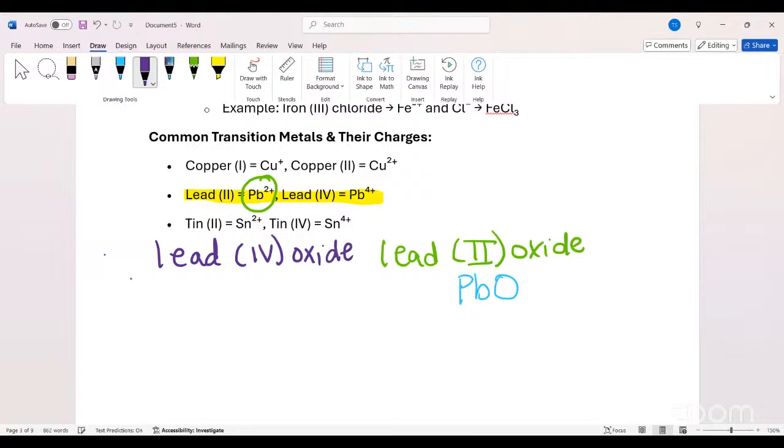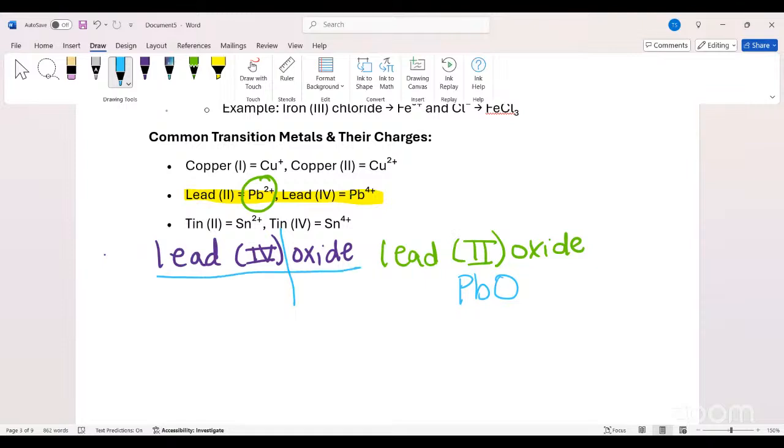There is a difference. Lead Roman numeral 4 oxide. Okay, you see it now? Good. Wait, when we have similar numbers of charges, doesn't it cancel out? Yes. You don't see the 2's anywhere in the formula. That's why it's just PbO.